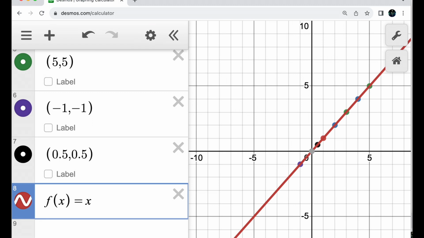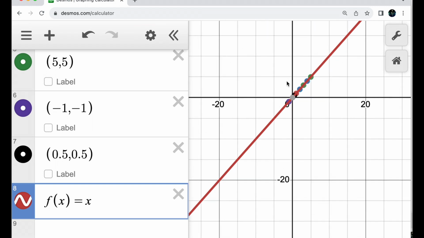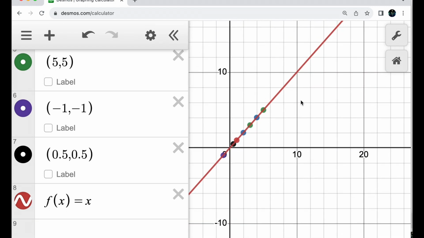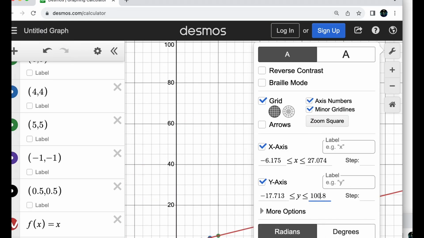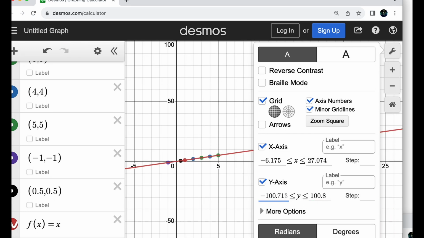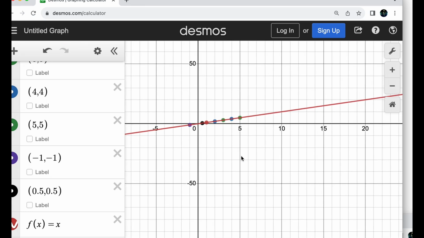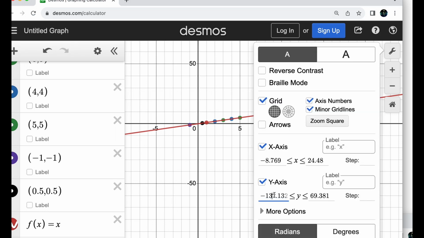And if you're asked for the domain of the line there, then we have to give a lot more than just a list of a few points. We have to give a whole continuum. So what I'm proposing is, the way we can do that is with this clever trick of skewing the axes. So go to the wrench here and type in negative 100 to 100. And you see what it does to the thing. Then let's go even farther.